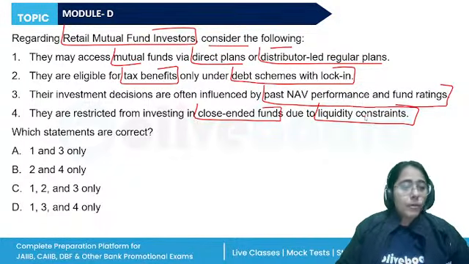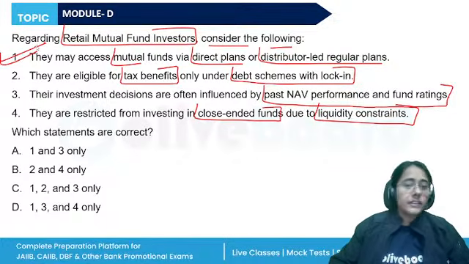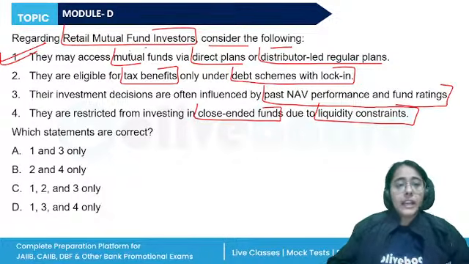So they have the option. They can access the mutual funds directly or through the distributor-led regular plans, which will be managed by the asset manager. They are not eligible for the tax benefits only under the debt schemes with lock-in? No, they can also invest in other areas without the lock-in period.